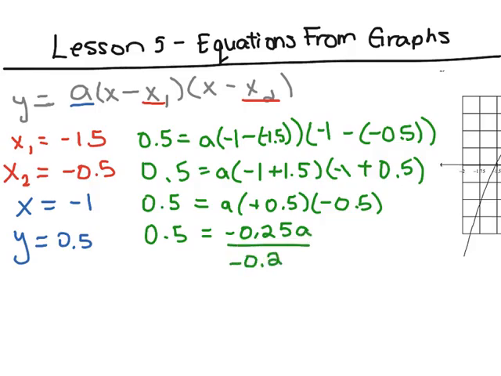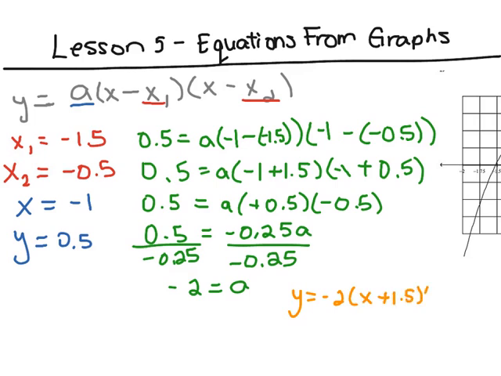Divide by negative 0.25, and you get negative 2 to equal a. So now we know our equation could be y equals negative 2, x plus 1.5, and x plus 0.5.